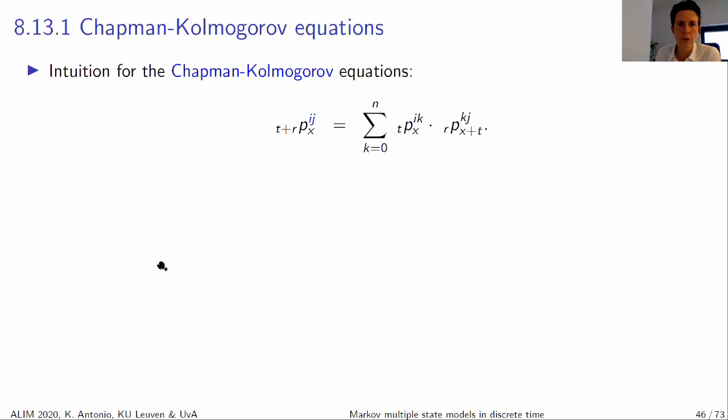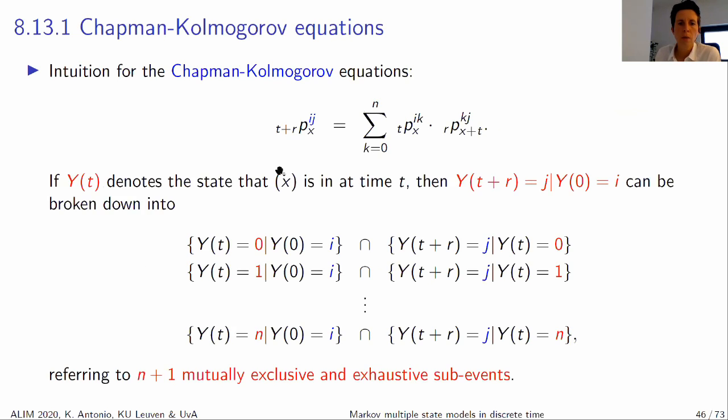To give some intuition, you will basically say: if I look at the state that my Markov chain occupies at time t, and I want to know the probability that, given that I start in state i at time 0, I will be in state j at time t plus r, I can break up this event by conditioning on the intermediate state that I will occupy at time t.